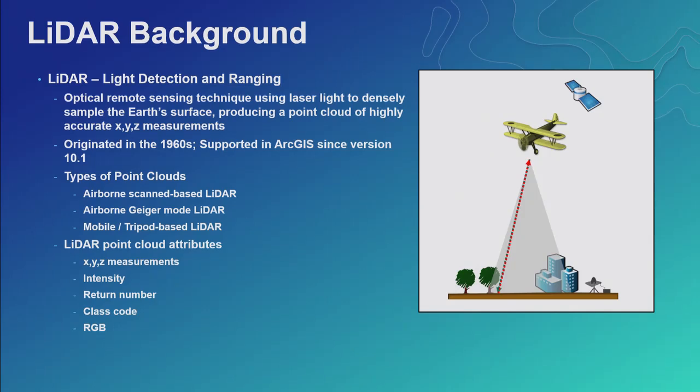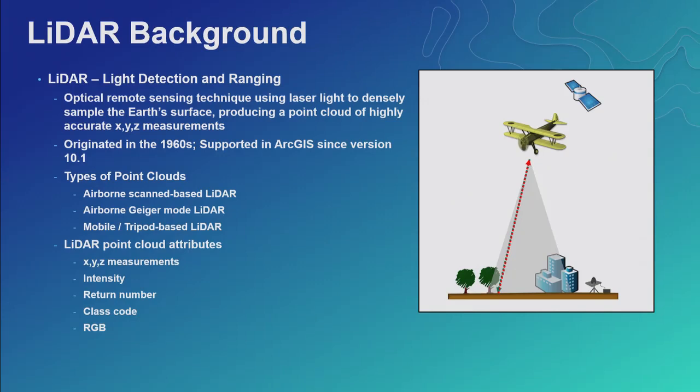Lidar can also have different classifications, which are categorical. It's not universal across all Lidar data sets, but some more robust data sets have classification codes for buildings, trees, power lines, or impervious surfaces.